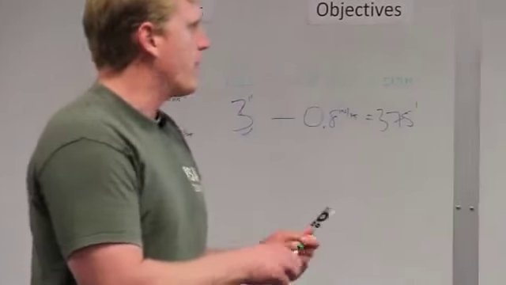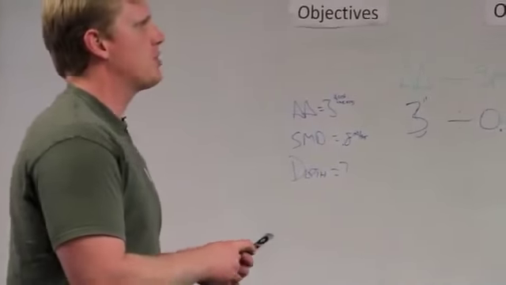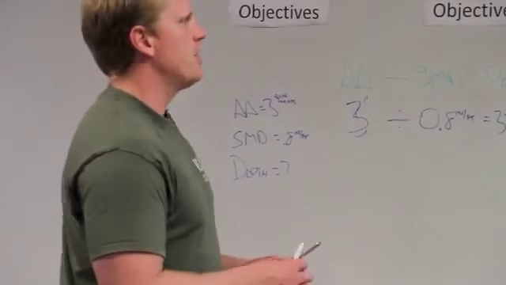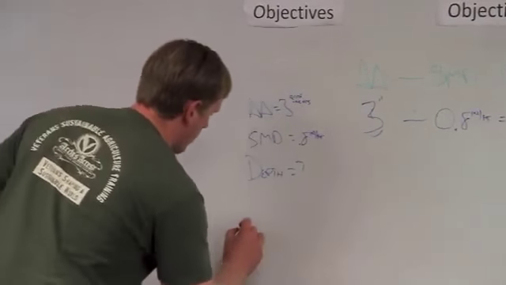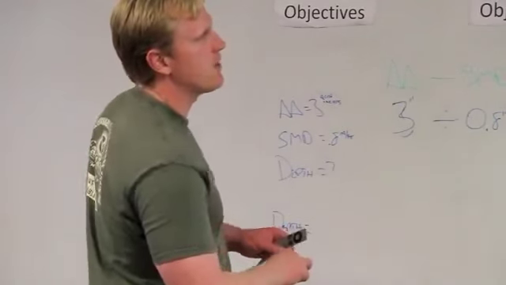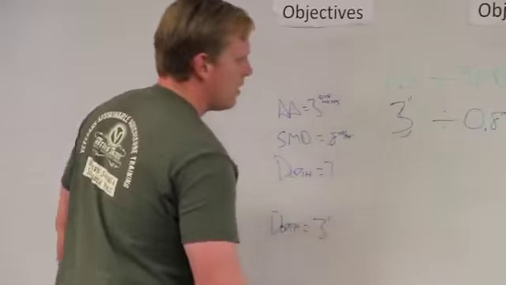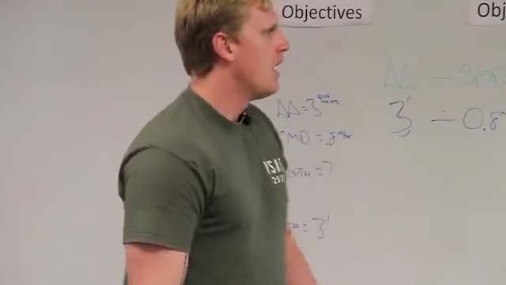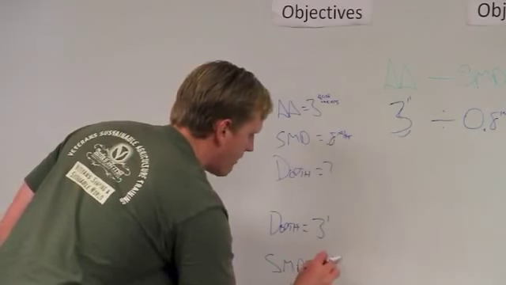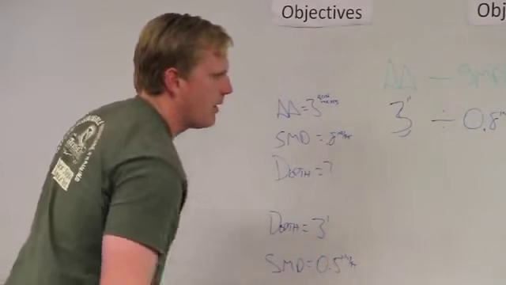So here's a second example. How much rain will it take to penetrate 3 inches? In this case, we know what our depth is. It's 3 feet. And our soil moisture depletion at the time was 0.5 inches per foot.